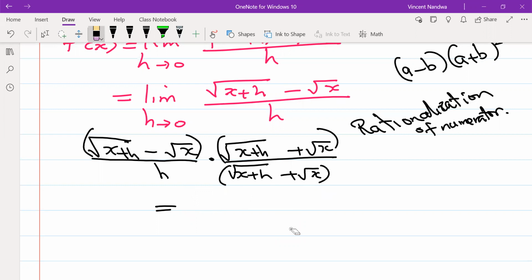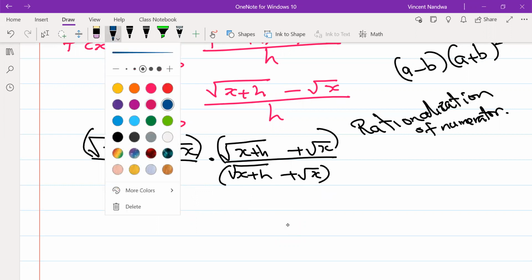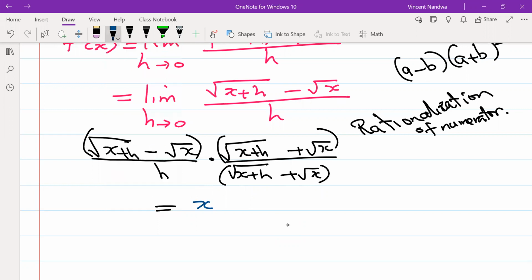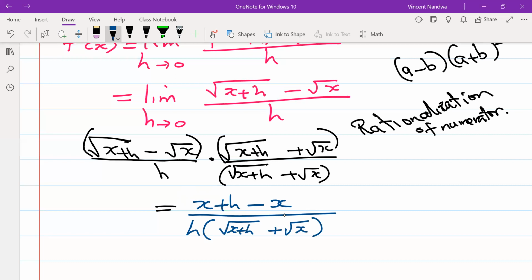When you simplify, that will give us x plus h minus x, because it is a squared minus b squared, divided by, you don't have to open this. The numerator will be h, because x and minus x cancel.